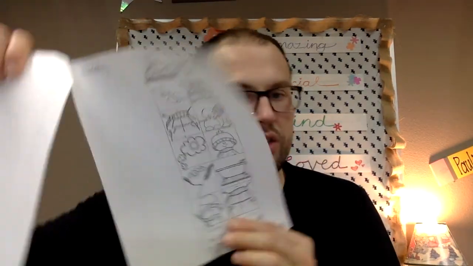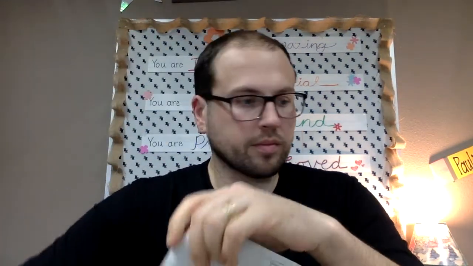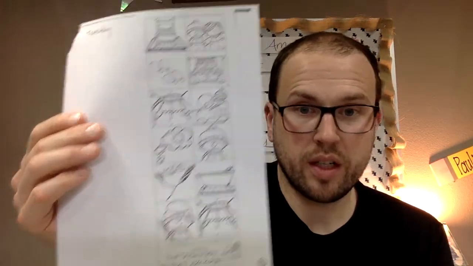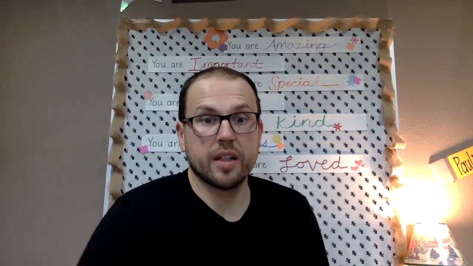So take this page, and you're going to cut it out. And you're going to cut these pictures out, and you're going to glue them onto your white piece of paper. Hold on one second, I got to go grab a pair of scissors.